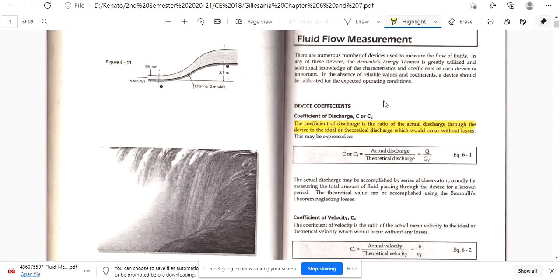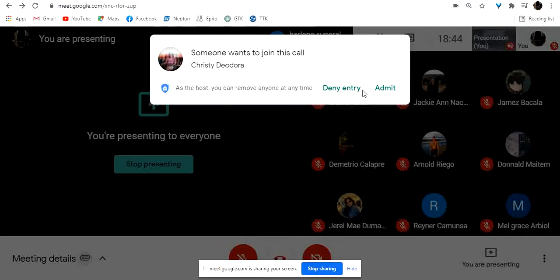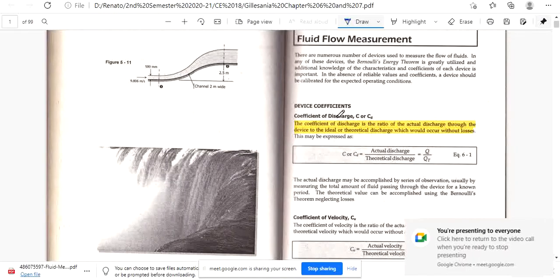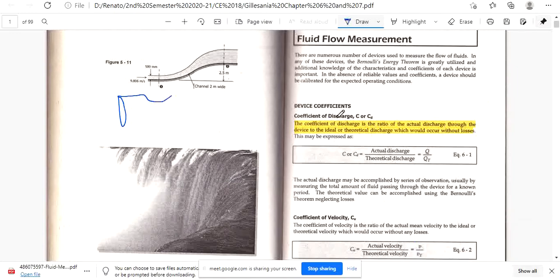For example, katong venturimeter nga inyong nakuha sa midterm.